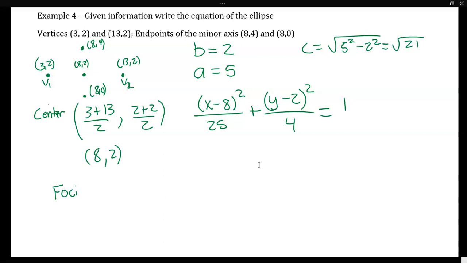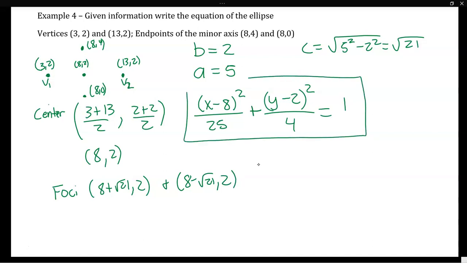So that's going to be, I don't know, like 4 point something. So we'll just say our foci are (8 plus the square root of 21, 2) and (8 minus the square root of 21, 2). And that's all we need. But this is the equation that we get from that.